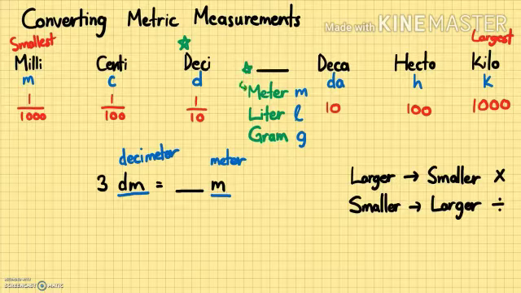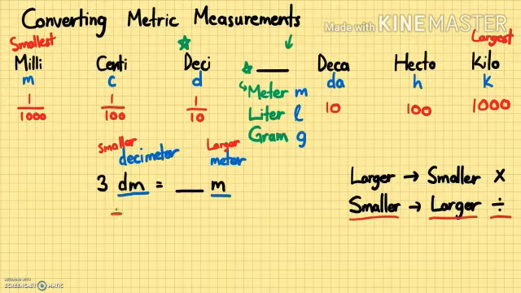So m is bigger than decimeter. This means we are going from a smaller unit, decimeter, to a larger unit, meter. A smaller unit to a larger unit is division. Here we need to divide.